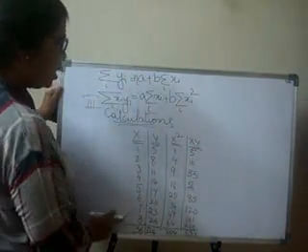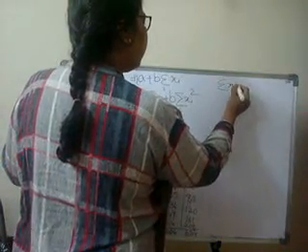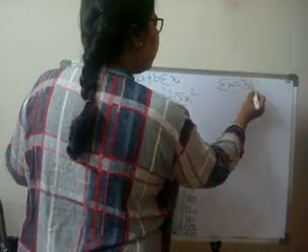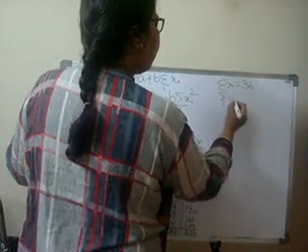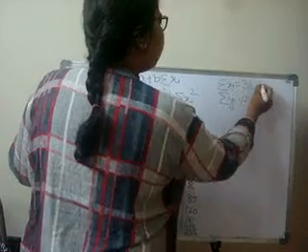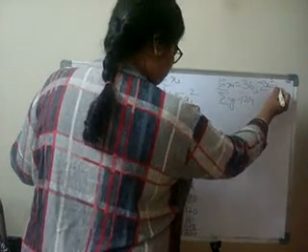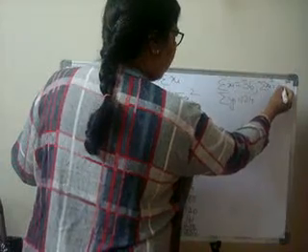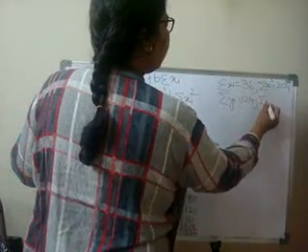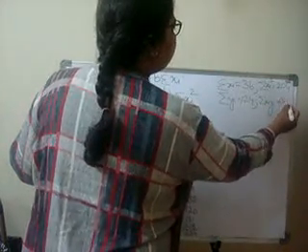So what is summation x? Summation x is given as 36. Summation y is given as 124, and summation x square is given as 204, and summation xy is given as 684.